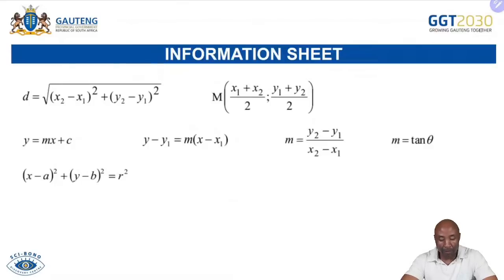We have 2 versions. Please choose one that you have mastered. Our gradient formula, our angle of inclination is equal to the gradient, and then we have the equation of our circle. If the center is at the origin, we know that our a and b there will be 0, which will give us x squared plus y squared is equal to r squared.